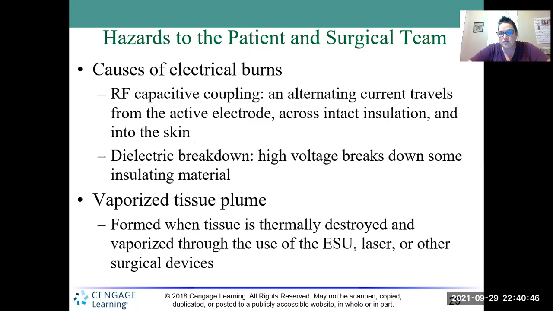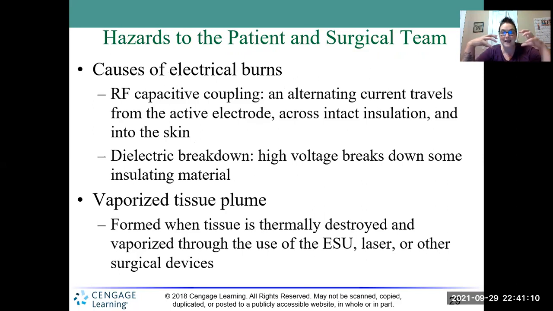There are some hazards to the patient and the surgical team though, because just as we talked about, there's a higher risk of electrical burns. The reasons for that are the radio frequency coupling, those alternating currents traveling from that active electrode across the insulation and into the skin.